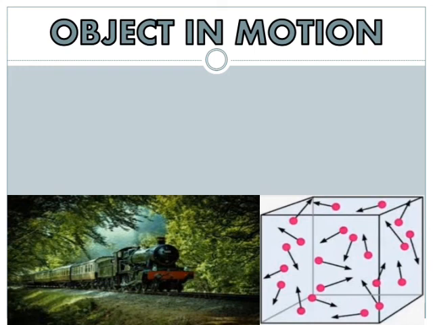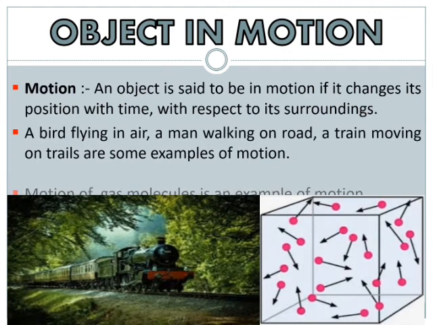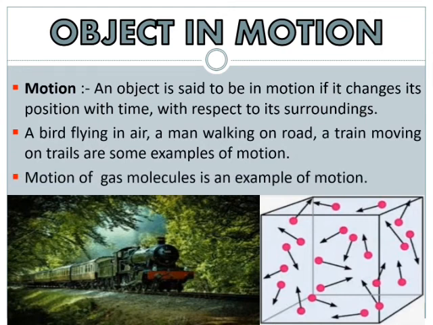Now, let's see the objects in motion. An object is said to be in motion if it changes its position with time and with respect to its surroundings.